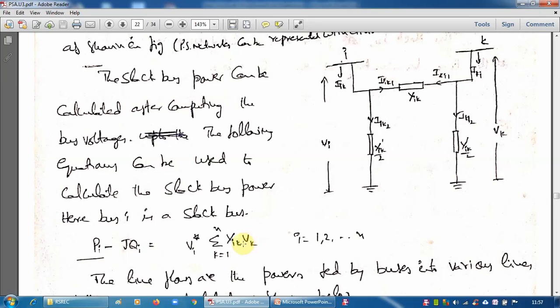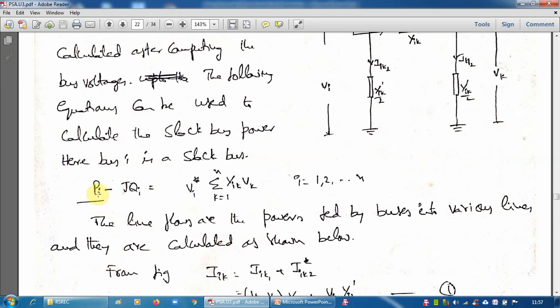We make use of those bus voltages and already calculated Y bus elements. In terms of that, this is the I bus current, the current expression for ith bus, and then this is the voltage of ith bus. By multiplying this, we can get the power injected by bus I into the line.